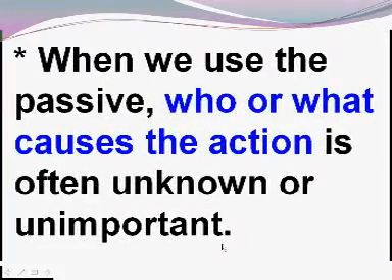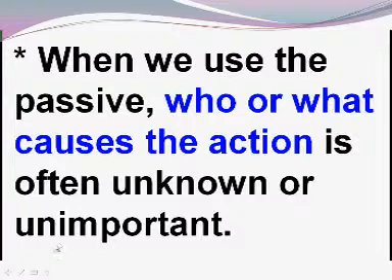So when we use the passive, who or what caused the action is often unknown or unimportant. This is very important to us. Okay, when we use a passive form in a sentence, usually we don't care about who or what caused the action. We don't care about the subject. We don't care about the doer of the action.